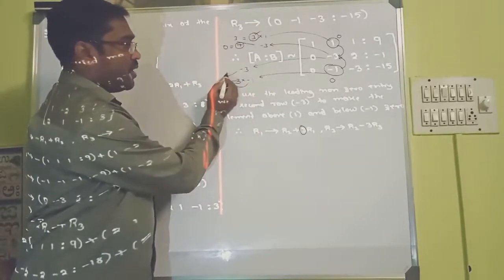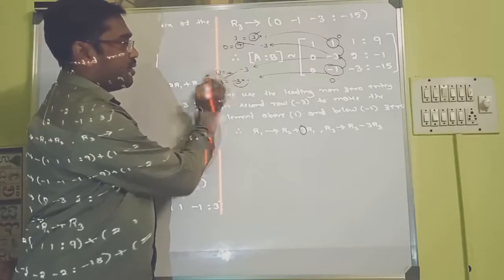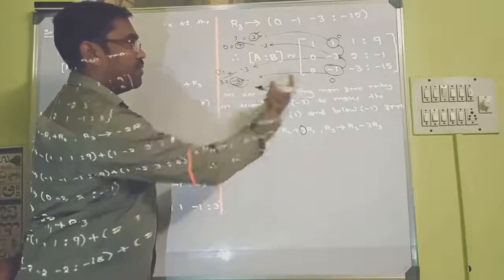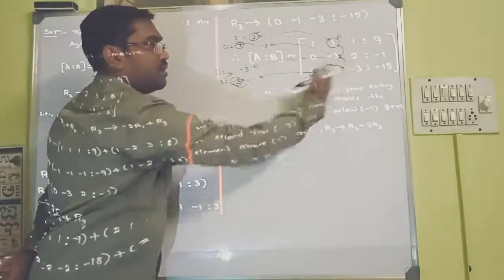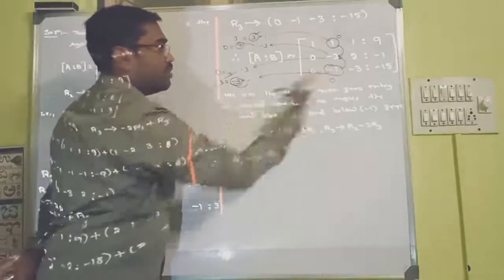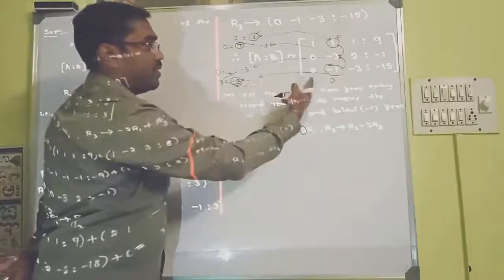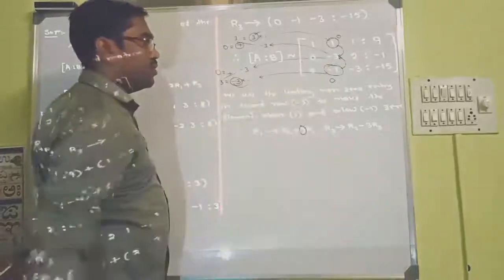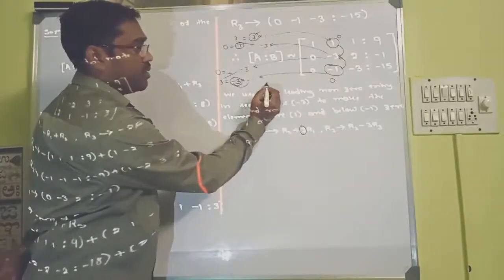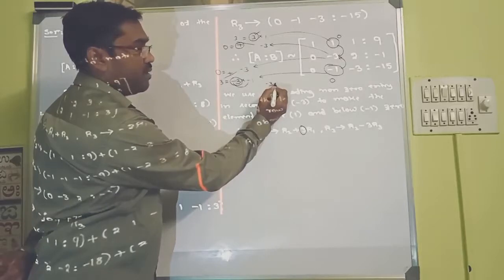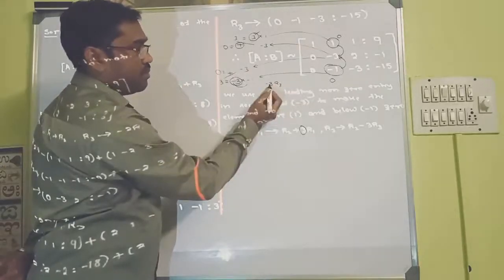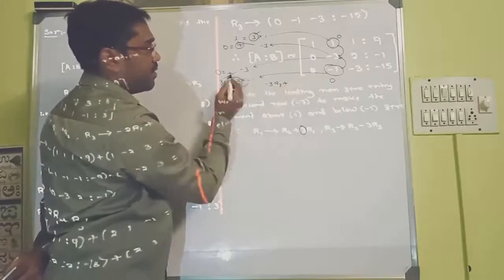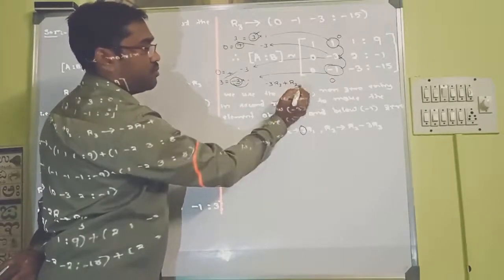Then we add to get the answer as 0. So what we have to do? Multiply R3 elements by -3, then add with R2.